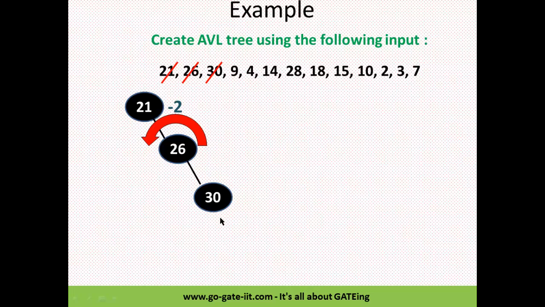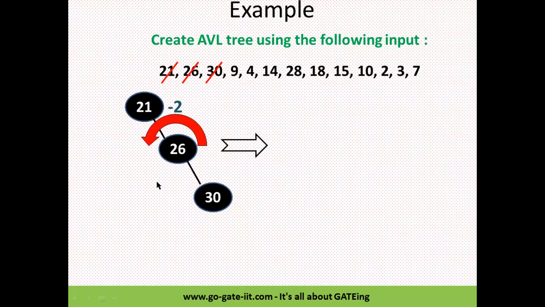As soon as 30 got inserted, the algorithm determines that the root node, 21, has a balance factor of -2, which violates the AVL tree principle. So what does it do? As we discussed earlier, this is the case of right imbalance, because due to insertion of 30, the imbalance occurred in 21. So we will do a left rotation here.